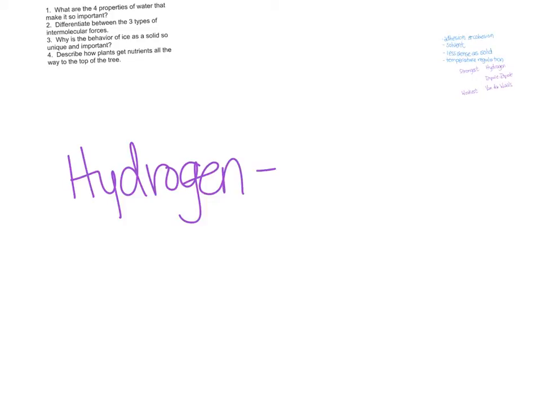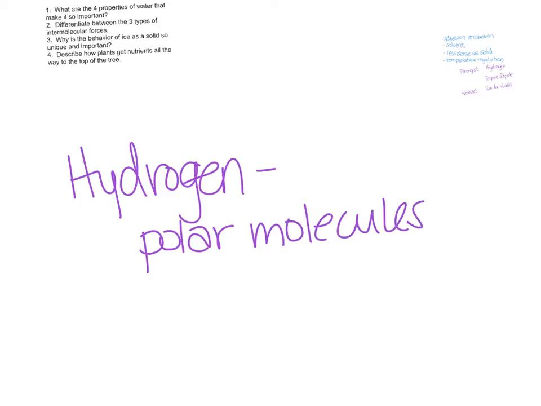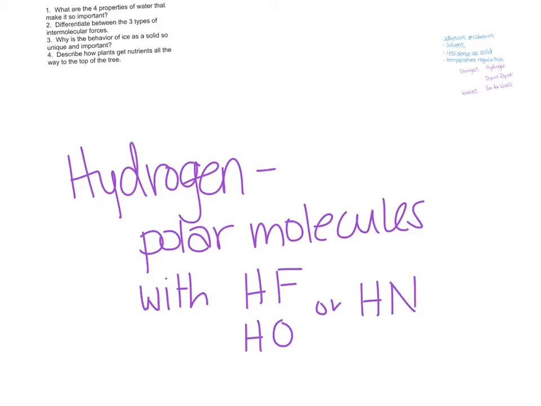What type of molecules will hydrogen bonding occur in? Nitrogen, chlorine, and oxygen. Polar or nonpolar? Polar. Polar molecules with HF, HO, or HN.